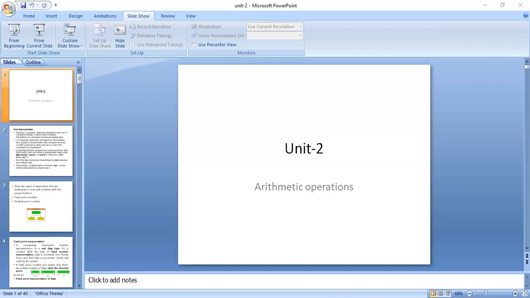So they have three positions. 0 0 0 means the equivalent value is 0. 0 0 1 means the equivalent value is plus 1. 0 1 0 means the equivalent value is plus 1. 0 1 1 means the equivalent value is plus 2.